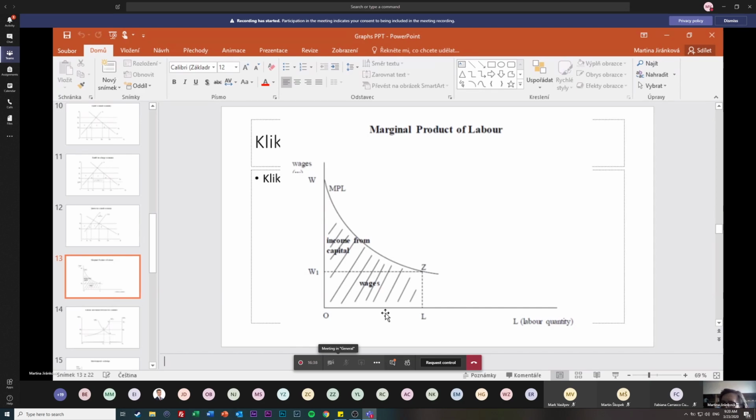The first assumption: there are two factors, labor and capital. The second assumption is that capital is a fixed factor.